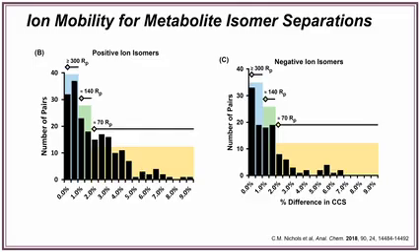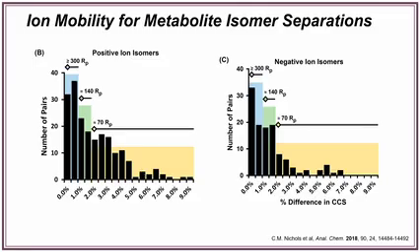What was the difference in the CCS value between the isomers, and what type of resolution or resolving power would it actually take to be able to separate them? You can see that there are quite a few that are in this nice sweet spot between 9 and, I think it's hard to tell, 2% different in CCS between the isomers, that if you have a resolving power around 70, you could separate on your instrument.